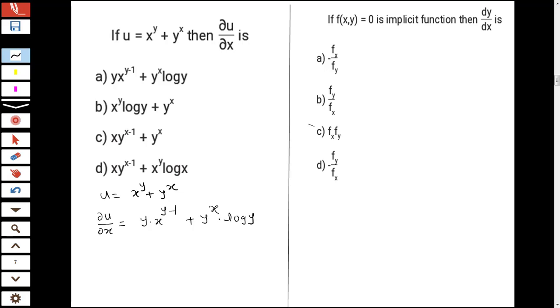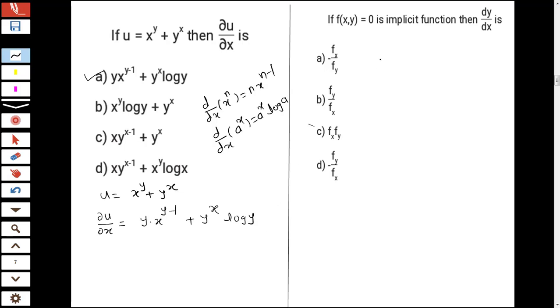Using the basic formula that d/dx of x raised to n is equal to n x raised to n minus 1, and d/dx of a raised to x is equal to a raised to x log a. So the answer will be y x raised to y minus 1 plus y raised to x log y. Option A is the correct answer.